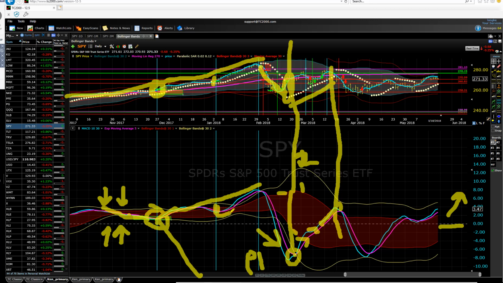And then when you're up here, you have a clear warning because you were outside of the Z2 and it crossed over, and this entire long move all the way back down would not have caught you by surprise. So here's a way to get leg 1 and 2 and 3 to protect yourself against the sharp move. Now you know when you can be looking at the downside opportunities, and now you know when you can be looking at the upside resumption. So I really like this oscillating MACD histogram.